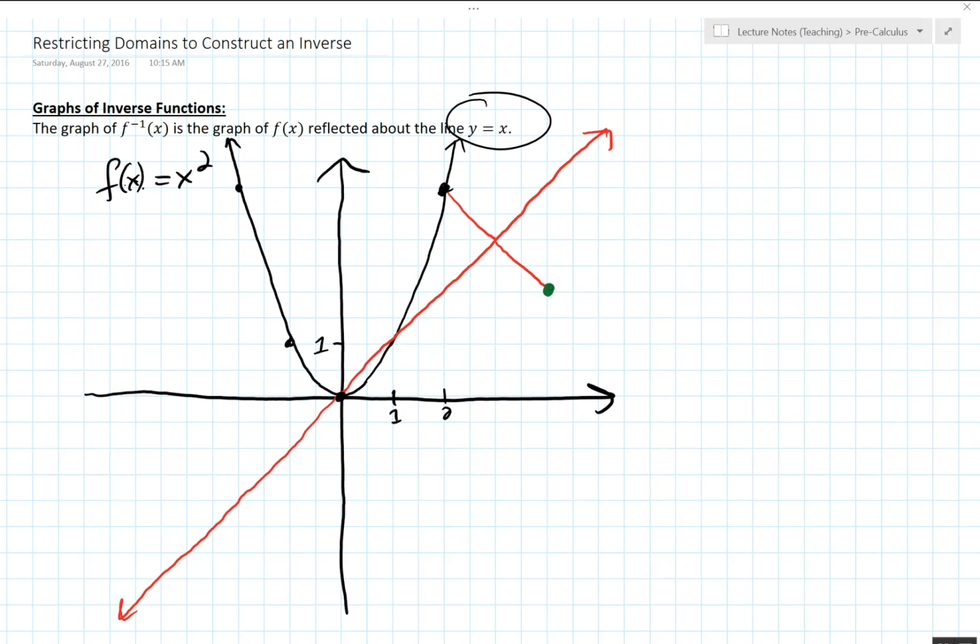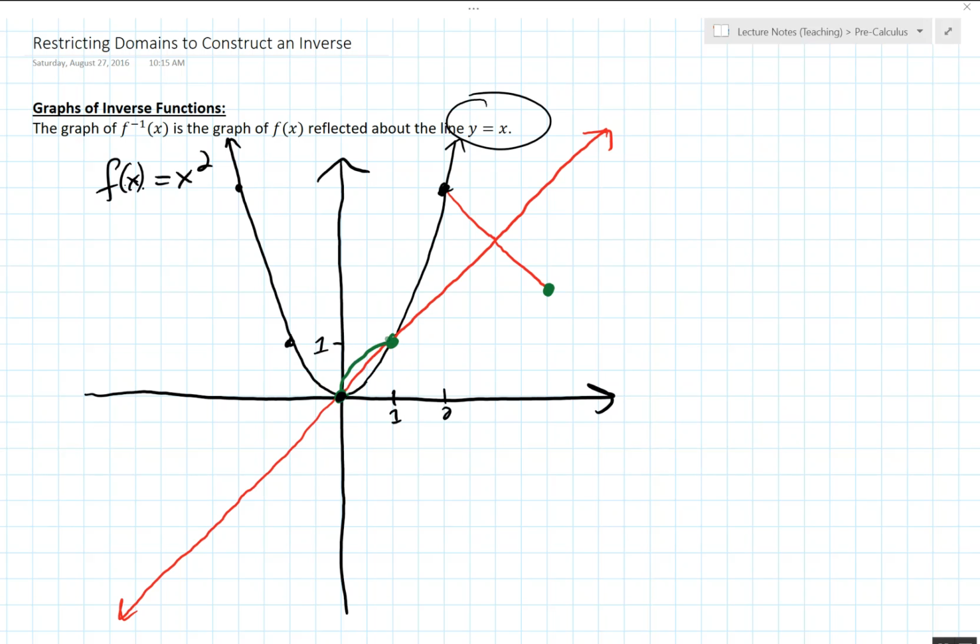Now, any points that lie on the line, like here and here, stay on the line because the distance from the line is 0, so the reflection is also going to have distance of 0.